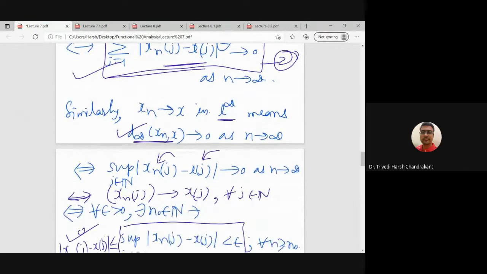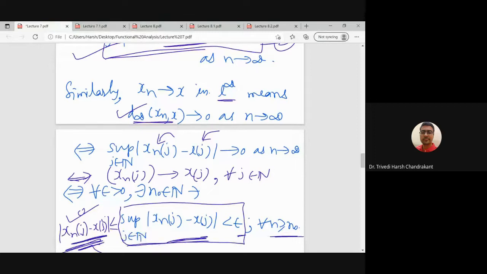And similarly, third, we are taking xn, which is a sequence of real or complex numbers, which converges to sequence x in L infinity. So L infinity means we will consider the infinity metric, D infinity. It converges means by definition it satisfies this property, and this property is satisfied.